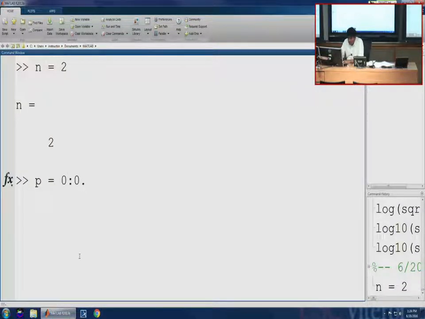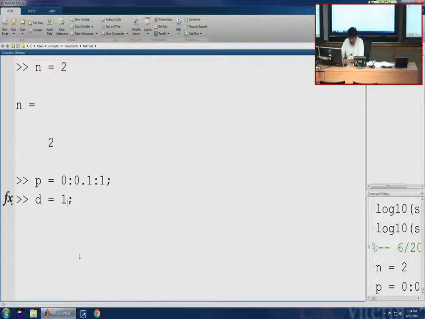Let's take 10 values of p going from 0 to 1. And let's choose some values for delta, Ts, and Tc. Delta I'm going to call d, and let's make that 1, just normalizing it. Let's say Tc is some small value for now, and let's say Ts is comparatively large, let's just say 20.